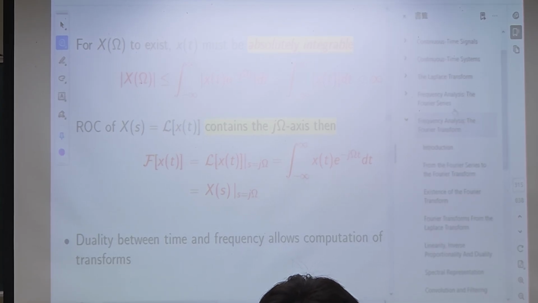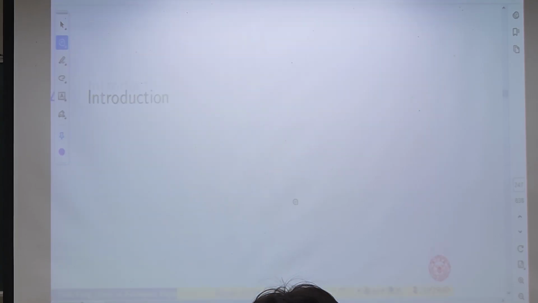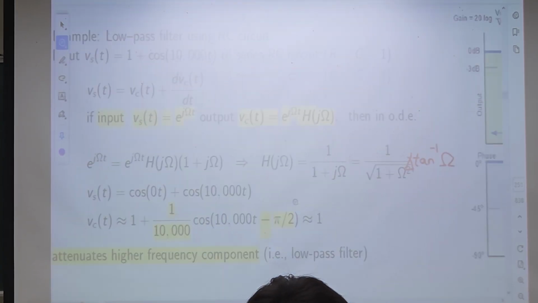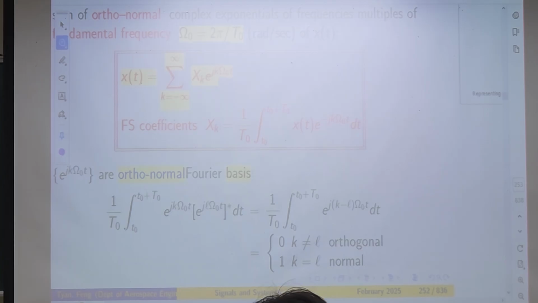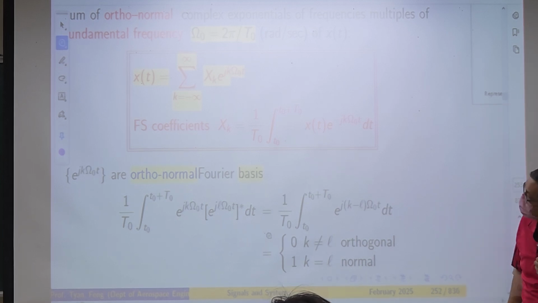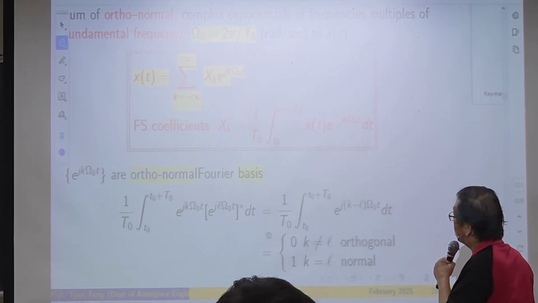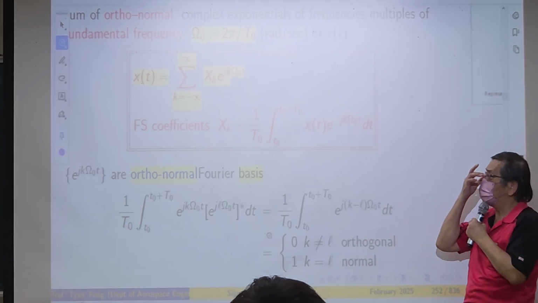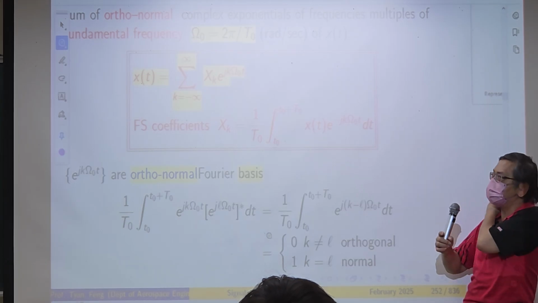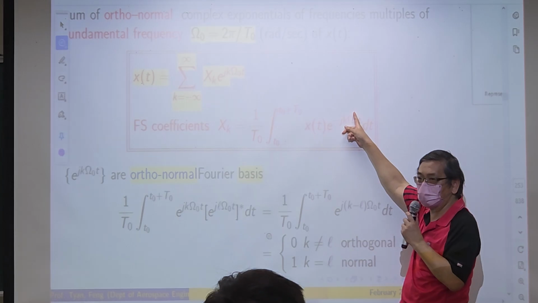Okay, now if k is 0, this exponential is 1, right?